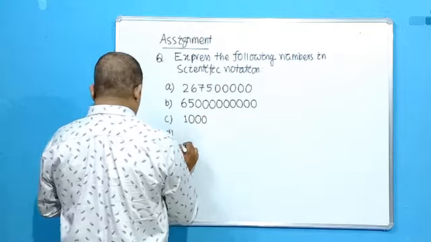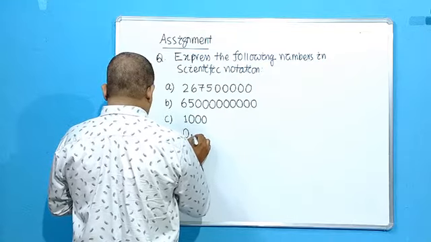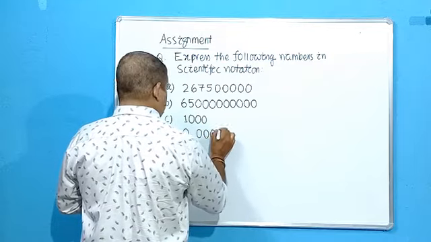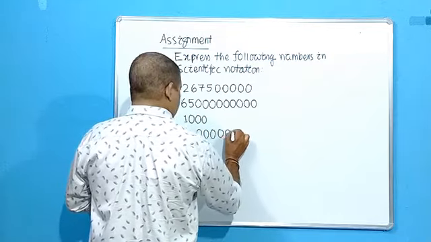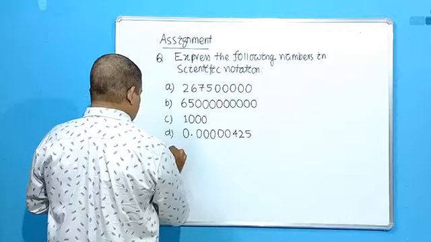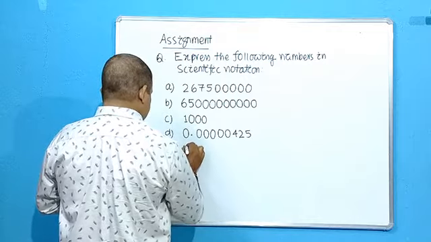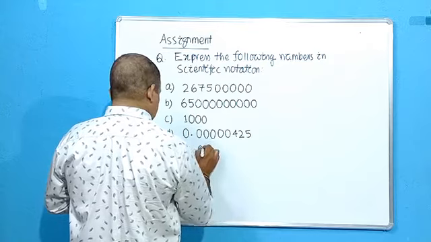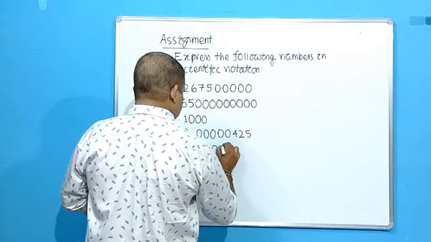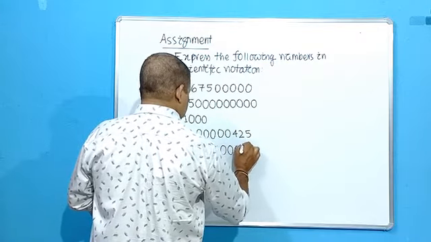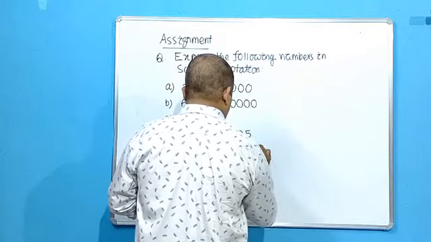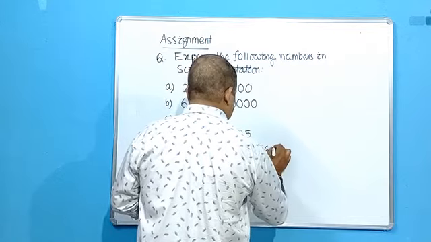D: 0.00004 25. E: 0.000 then 400000 3787 6387 63.